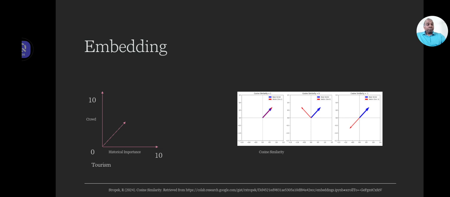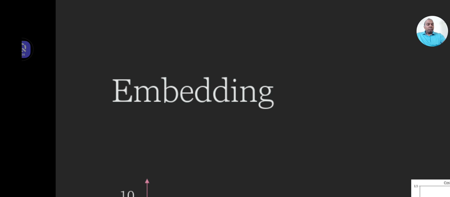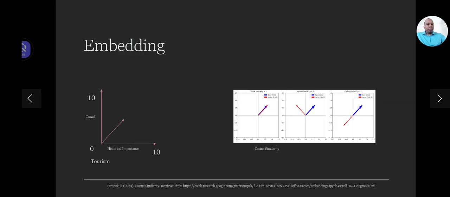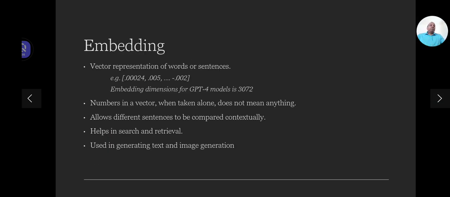So let me go to my next slide. In GPT-4, the recent model, they have 3072 dimensions used. Anytime you pass a word or a sentence to this GPT model and ask for the embedding vector, it'll actually give you these 3072 values.